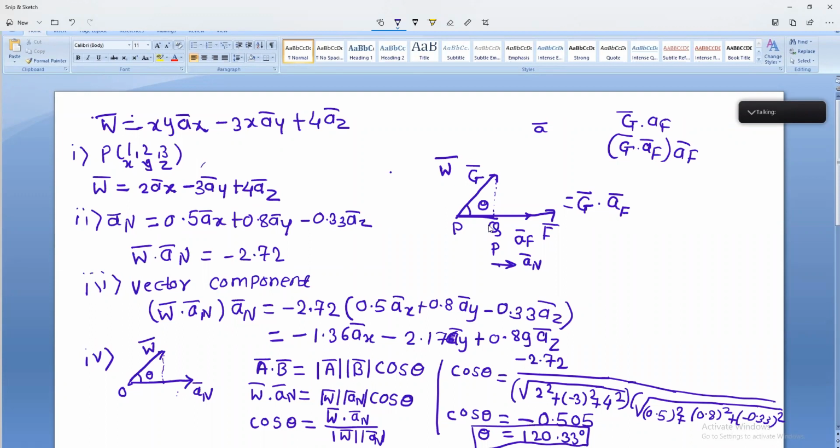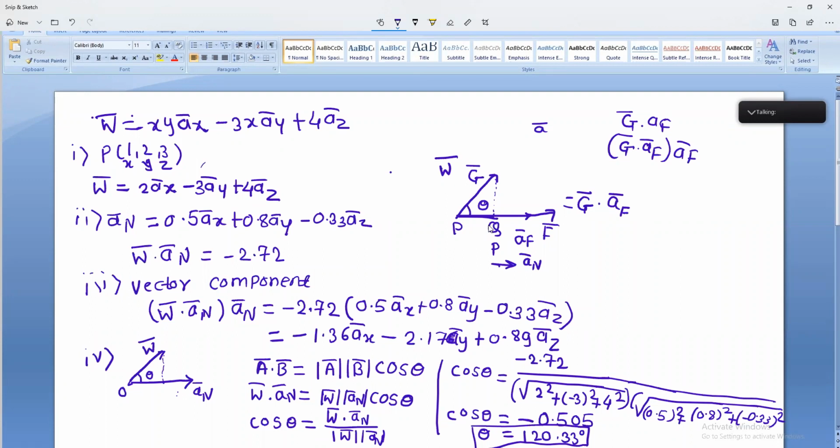This dot product is minus 2.72 into unit vector a bar n. Just multiply, then you will get this vector, and this is the vector component.